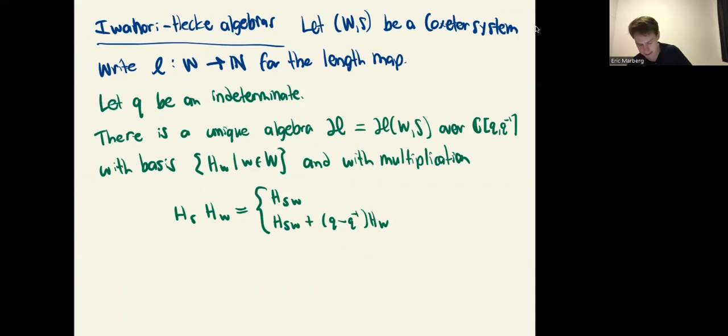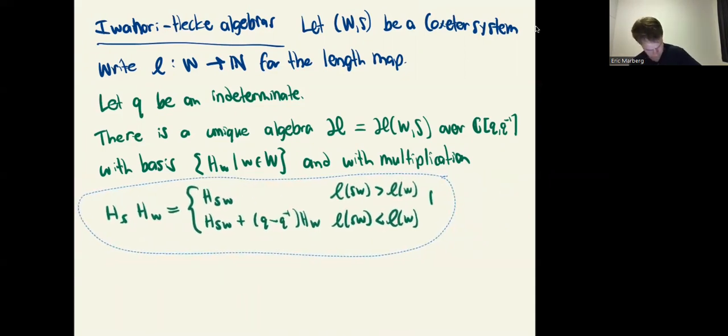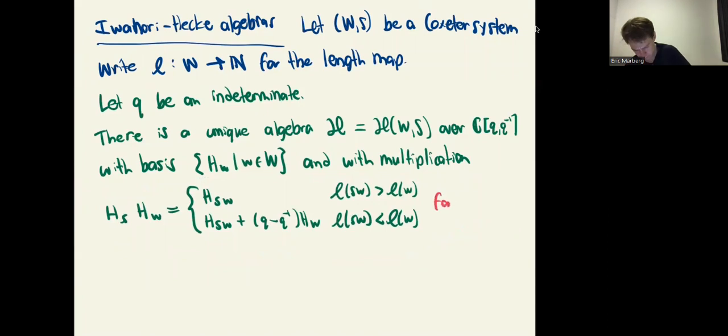And the first case is when the length L of SW is greater than the length of W, and the second case is the reverse. And here, this is for S in S and W in W.